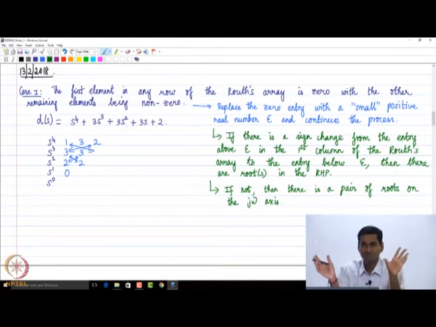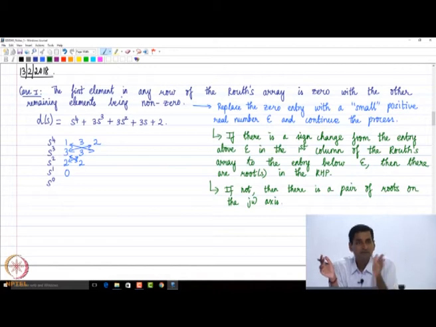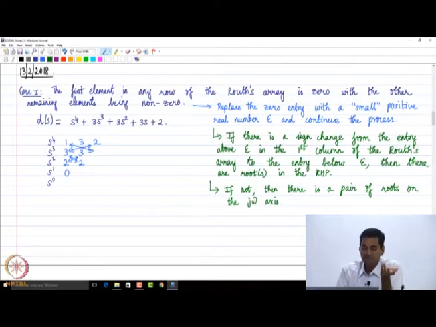Then what you do is replace that 0 element, which is the first entry in that row, with a small number epsilon. Why should I do that? Because if I want to continue and calculate the s power 0 row, you see that I have a problem: if I do 0 times 2 minus 2 times null entry by 0, I get 0 by 0.